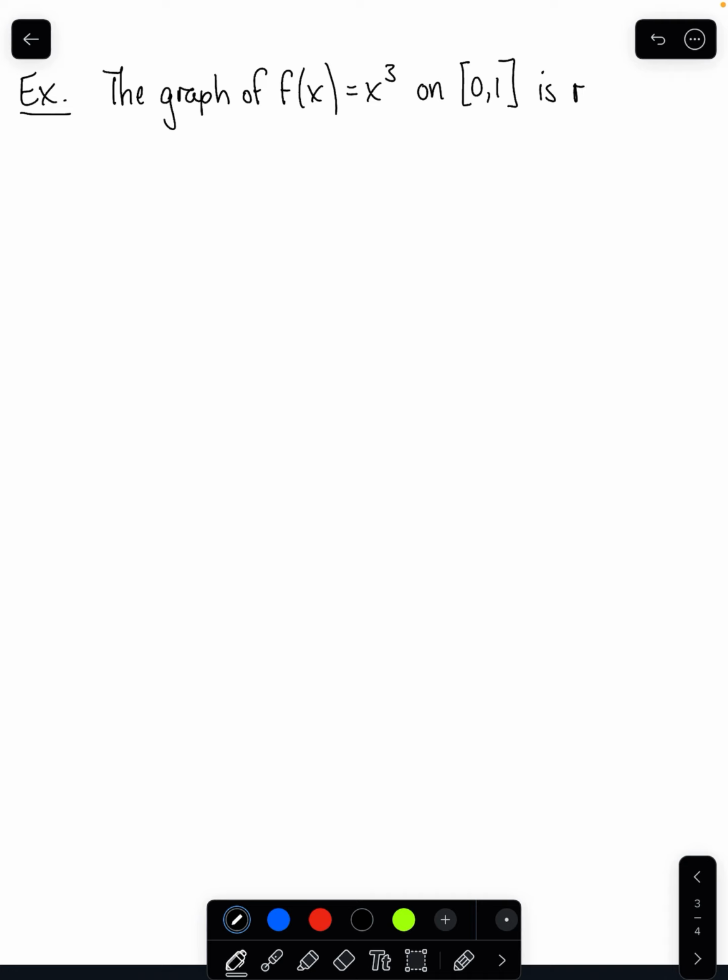So let's consider an example. Suppose we take the graph of f of x is equal to x cubed on the interval from 0 to 1. And this is going to be revolved around the x-axis.